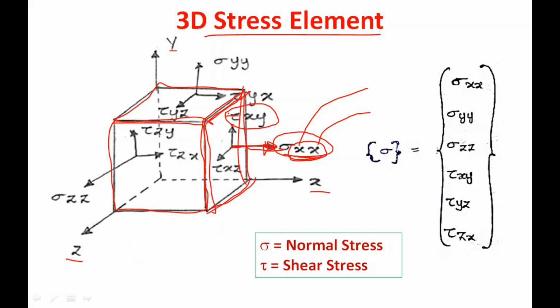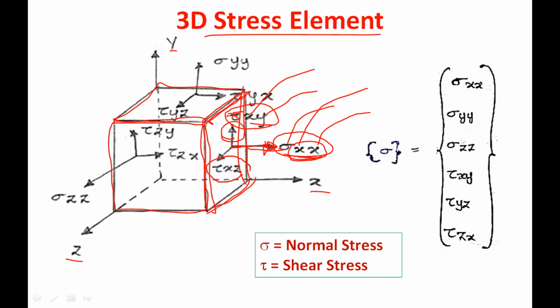Suppose when you come to this shear stress they are using tau, symbol tau. For normal stress we are using sigma. First subscript x is plane, then y is the direction. So this is acting on the x plane along the y direction. That is why tau xy.